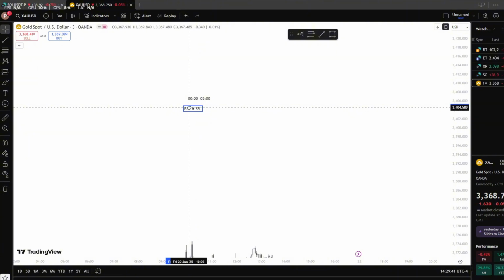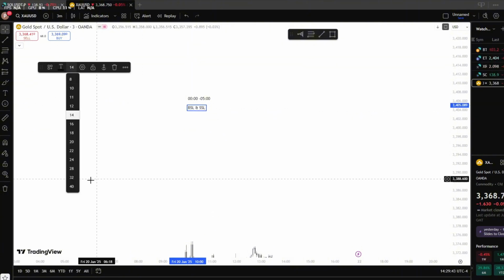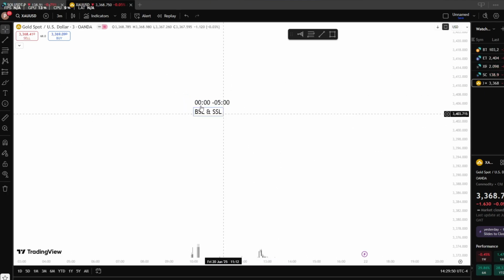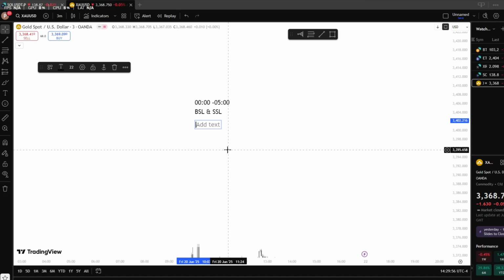Once we've got the buy side and sell side liquidity, let me just make these a bit bigger. That'll do. Once we find the buy side and sell side liquidity, we're going to mark that out and we're going to grade the 5-hour period.